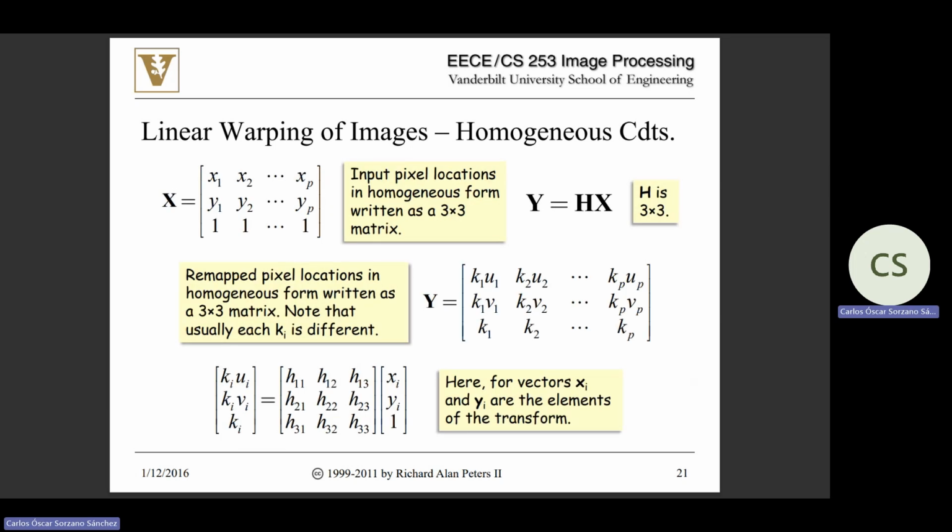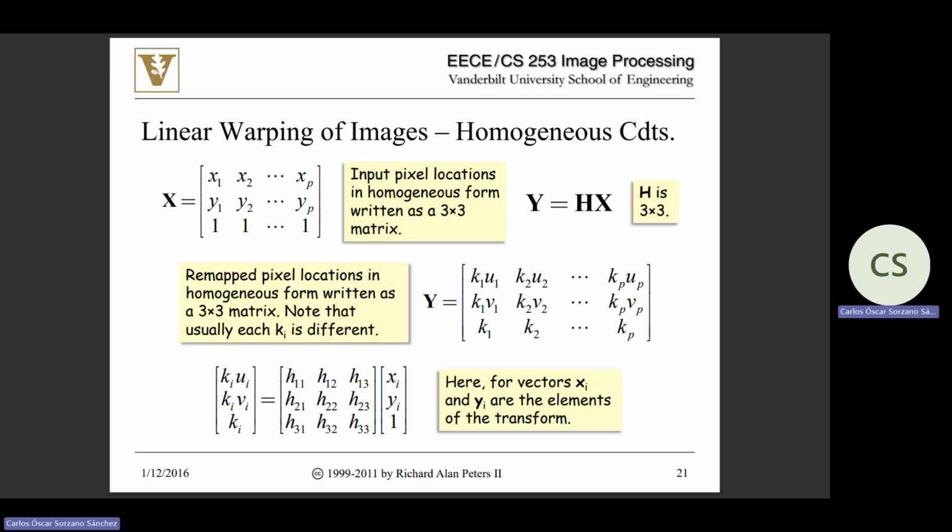So now I have pairs of homogeneous coordinates: this matrix of coordinates in the input, and this matrix of coordinates in the output. These k's are unknowns that I have to figure out. And then my matrix now will be 3 times 3. So I have many more degrees of freedom to tune my numbers such that these correspondences are better fulfilled.